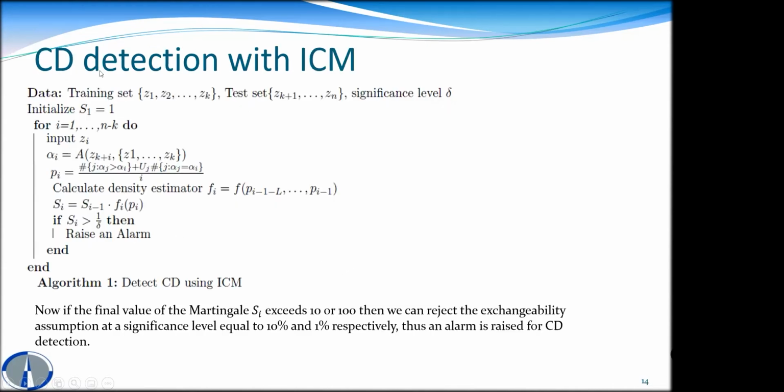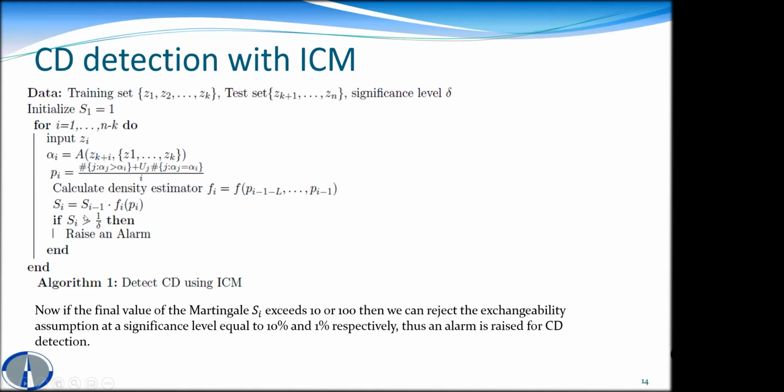To detect concept drift with inductive conformal martingales, first we have to calculate our nonconformity score. Then we calculate the p-values. After that, we calculate the estimator, and we apply this recursive formula for calculating the value of the martingale.